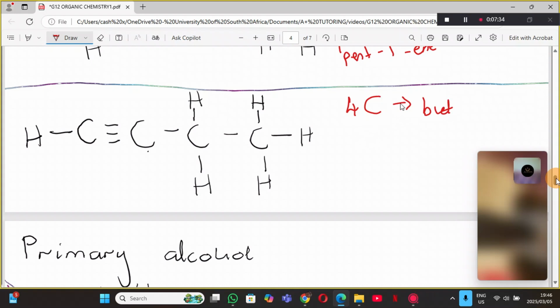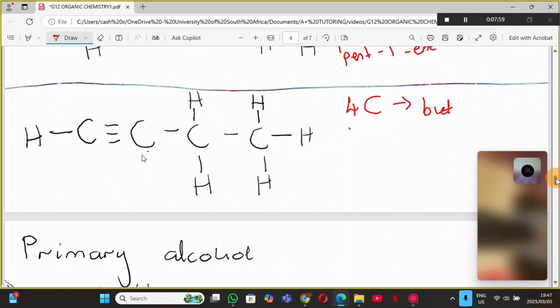No. Okay, so I rushed to naming the but part, but first, after you get the number of C's, check which one is your longest chain. The number of C's on your longest chain is what you name. You use the longest chain to name your compound.